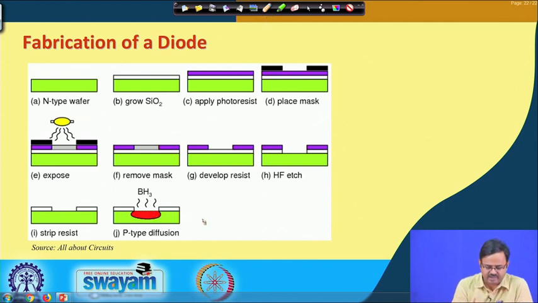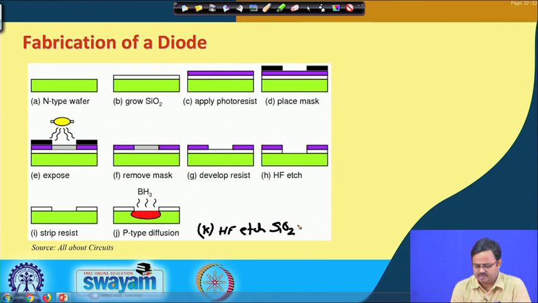If this is step K, we will again HF etch the silicon dioxide layer. So, what am I left with?